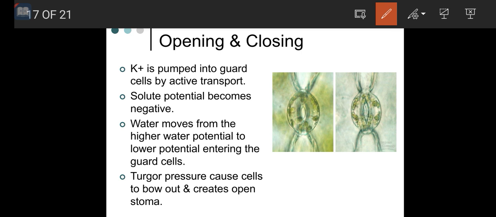Water moves from higher water potential to lower water potential, entering the guard cells. The turgor pressure causes the cells to bulge out and creates an open stomata. This is the opening stomata and this is the closing.